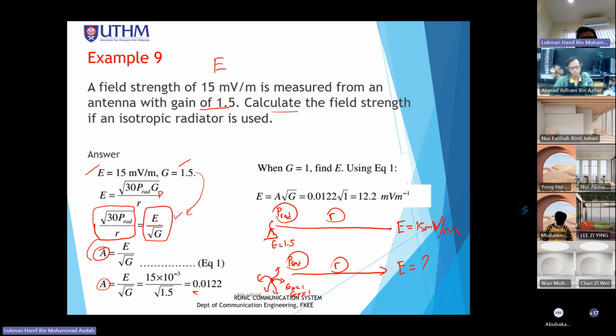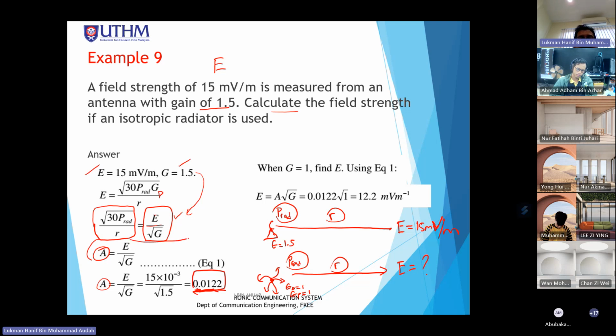So you're going to get 0.0122. Now we want to find out the E field if we use the isotropic antenna. We already calculated the A parameter.